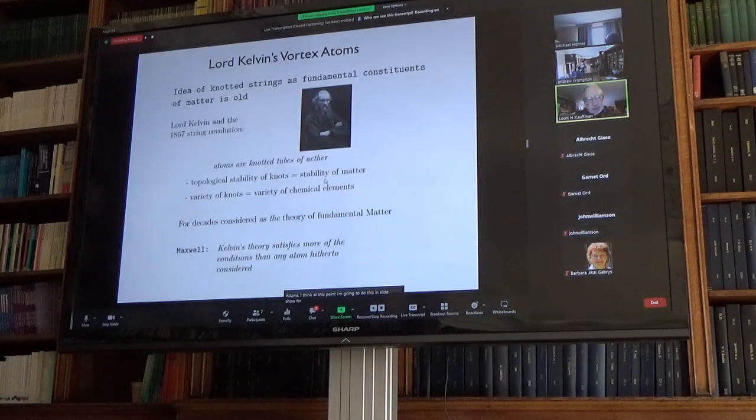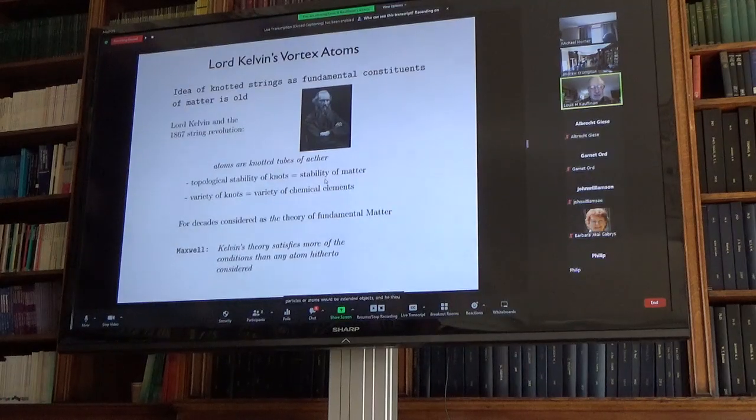Kelvin's theory of vortex atoms was a long ago precursor of string theory, the idea that particles or atoms would be extended objects, and he thought that they were knotted vortices in the luminiferous ether. And he theorized about that.